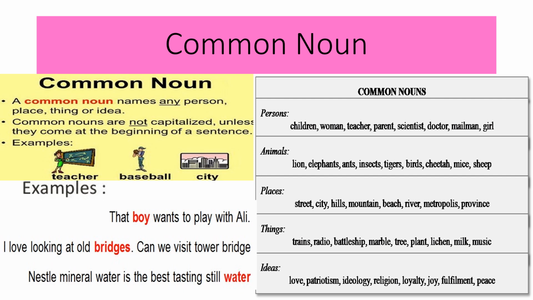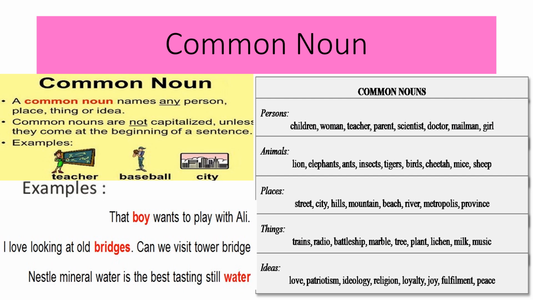For places, you could use a street name, city, hills, mountain, beach, river, metropolis, or a province. And if it's things, you could name trains, radio, battleship, marble, tree, plant, lichen, milk, music.